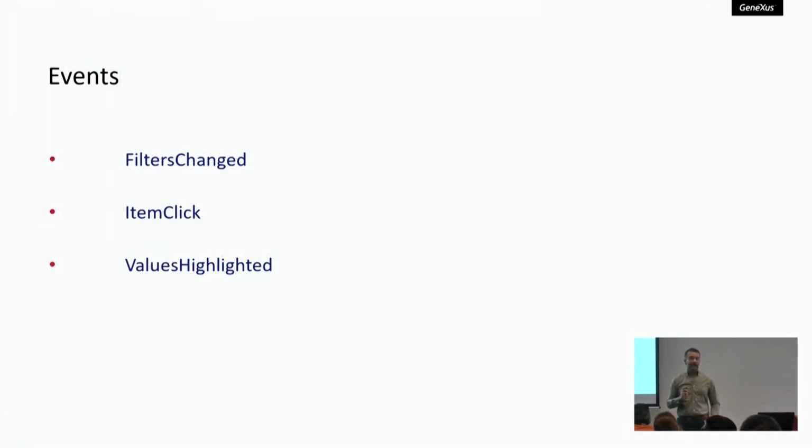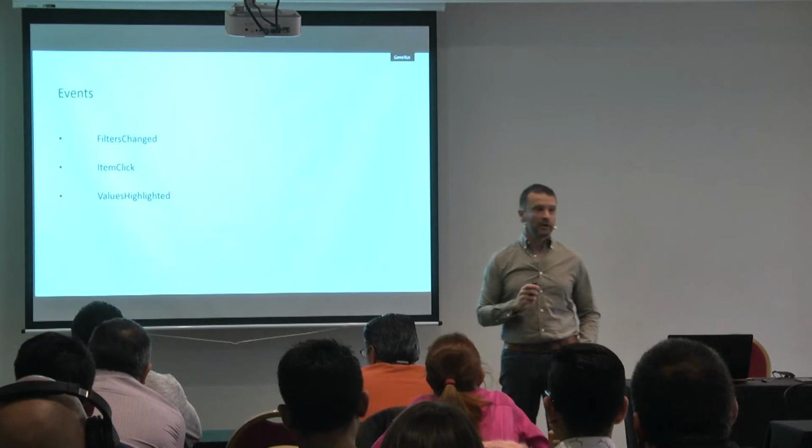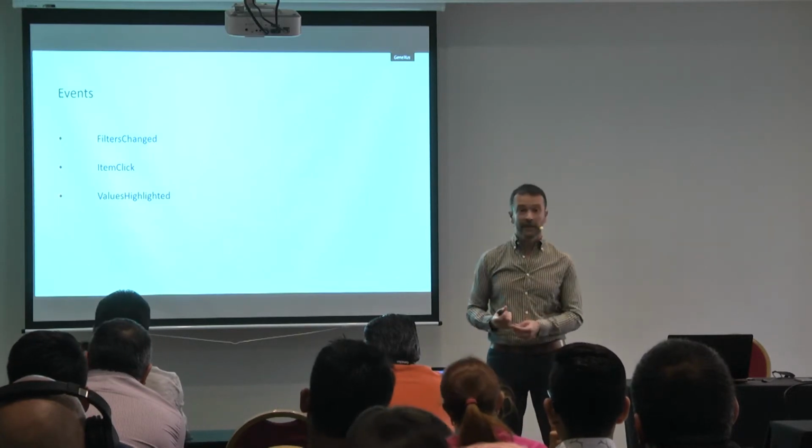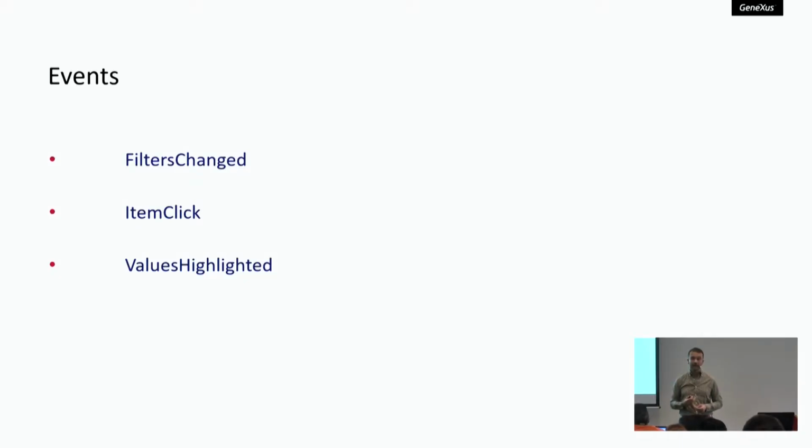The events that we've got in the dashboard viewer are three at present. We have FilterChange, which is triggered the moment you change a filter. Then we have ItemClick at the time of the query, and ValuesHighlighted, that's when you highlight the value of a certain query with a certain behavior that's been configured.